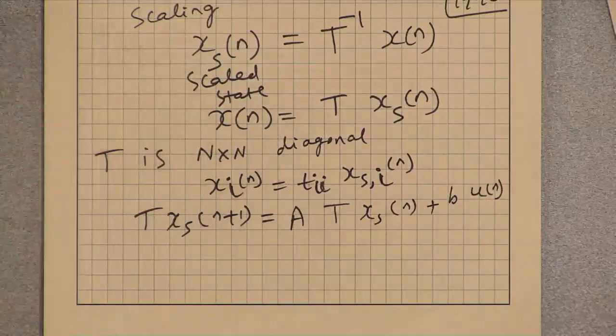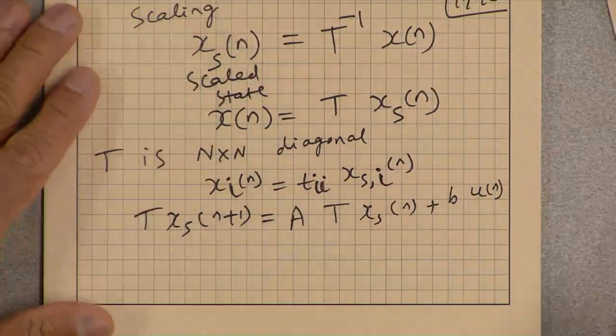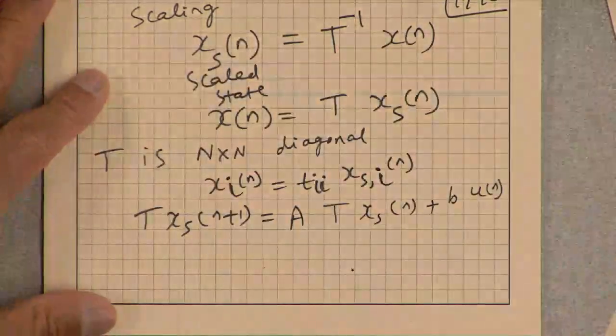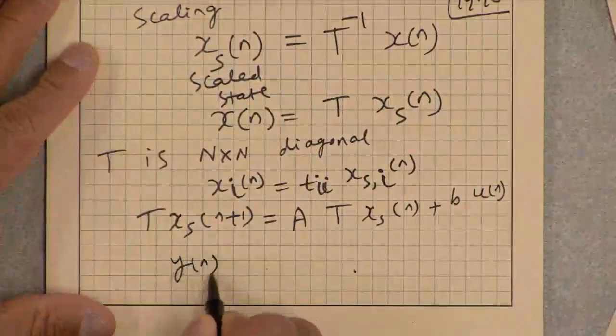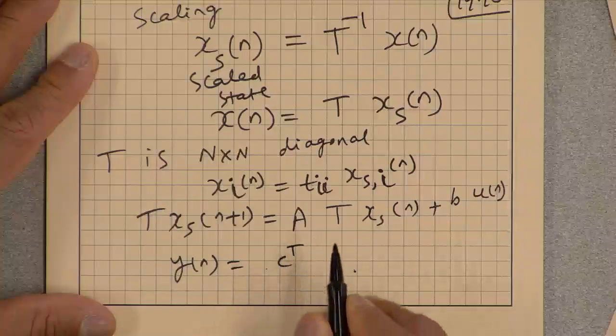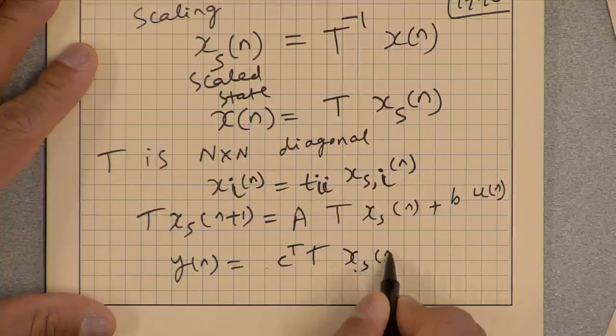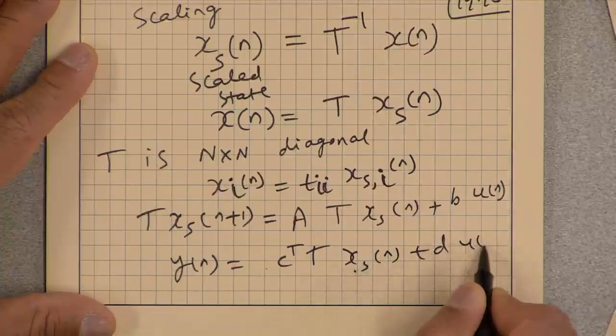That is one equation. What's the other equation? Yn is C transpose xn plus D un. Xn is this quantity T times x scaled, so Yn is C transpose T times x scaled plus D times un.